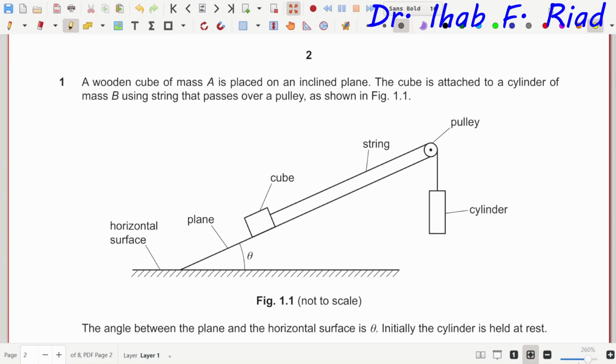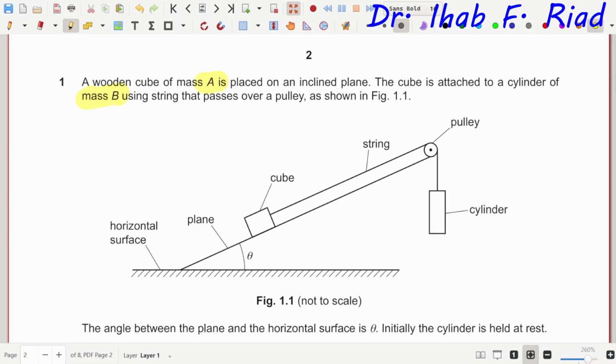So the first question says that a wooden cube of mass A is placed on an inclined plane. The cube is attached to a cylinder of mass B using a string that passes over a pulley as shown.